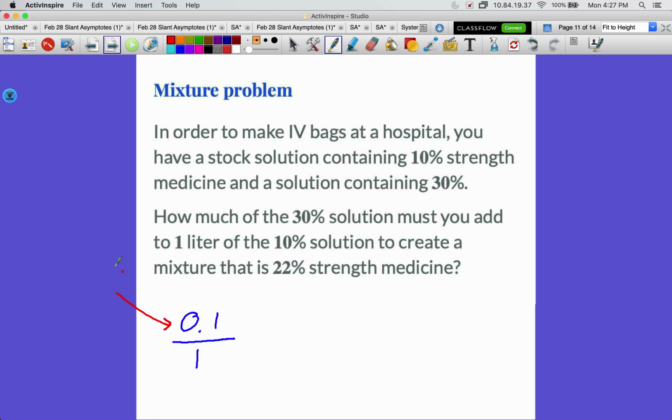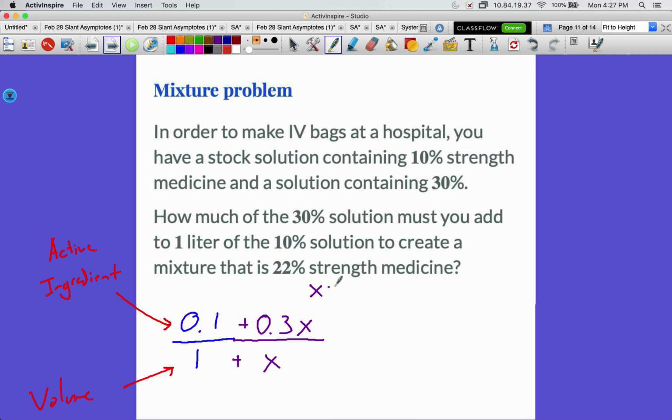So this is the active ingredient divided by volume. And now we're going to add to both sides of this equation as we add in our stronger solution. So as I add in my 30% solution, I get 0.3x liters of active ingredient plus x liters of my 30% solution.